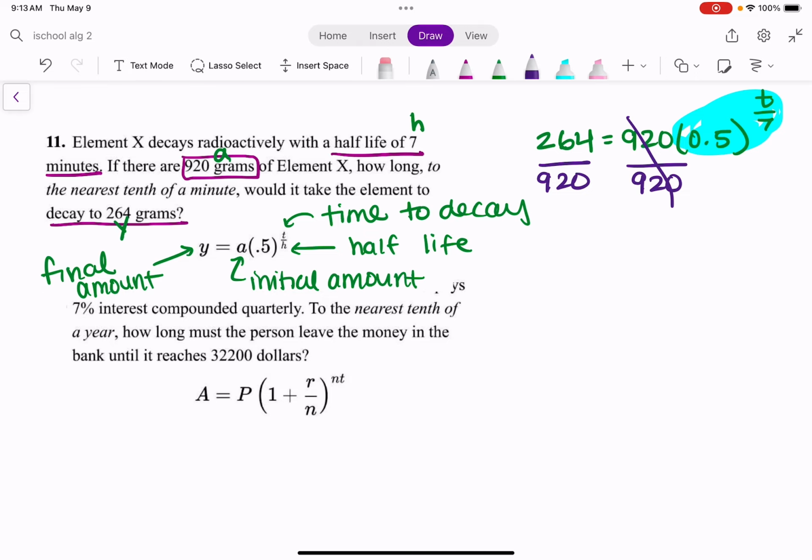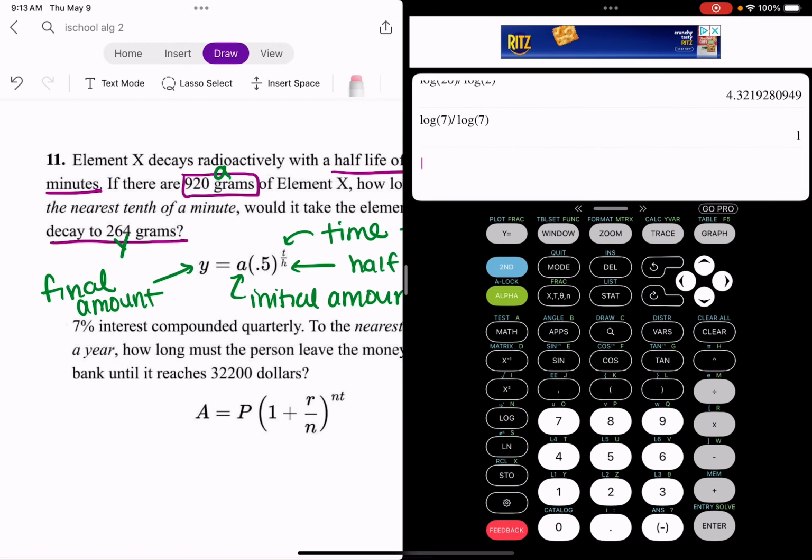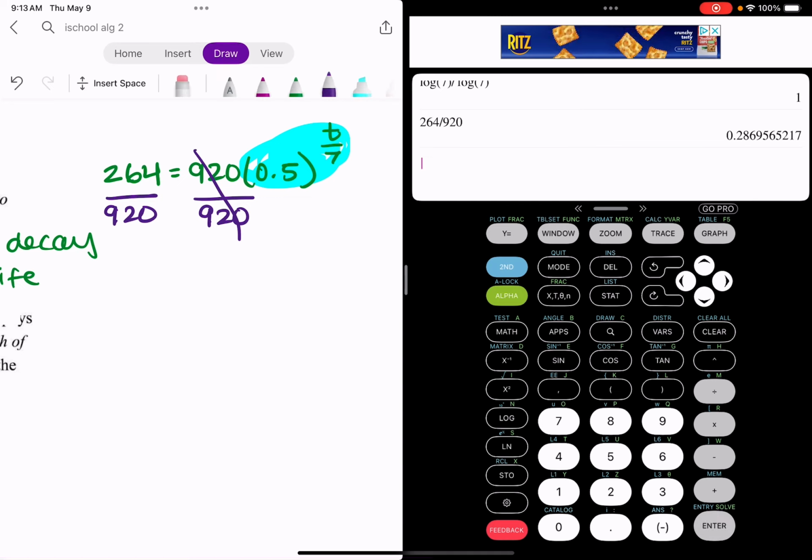So when I do that, let's get the calculator. I'm going to have 264 divided by 920. I'm going to get this number right here. So let's just write a few of the digits. Equals 0.5 to the power of T over 7, right?